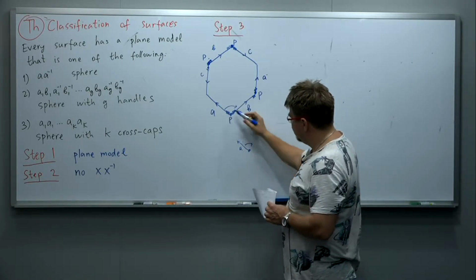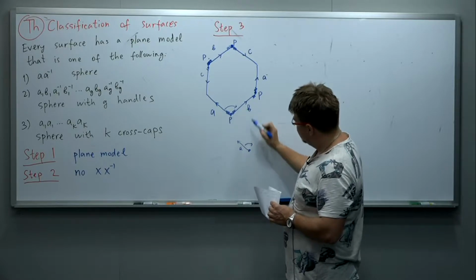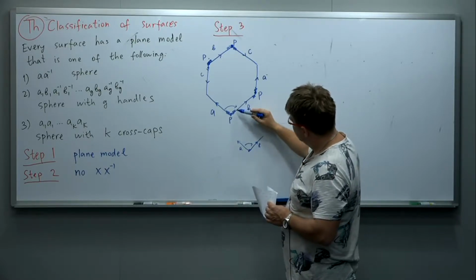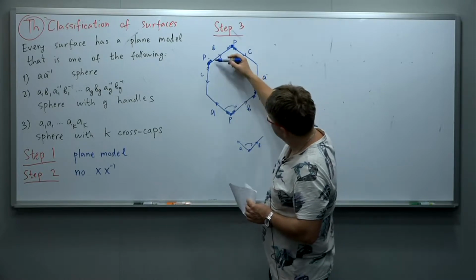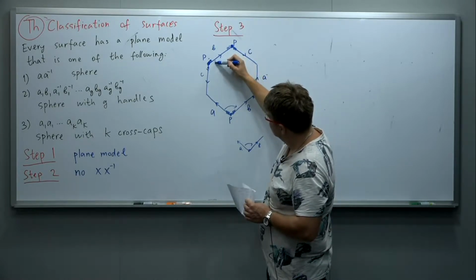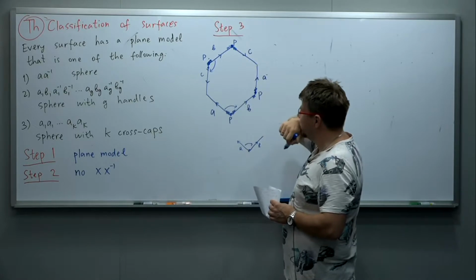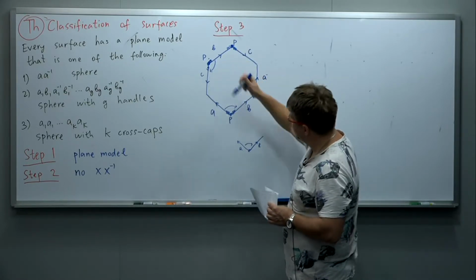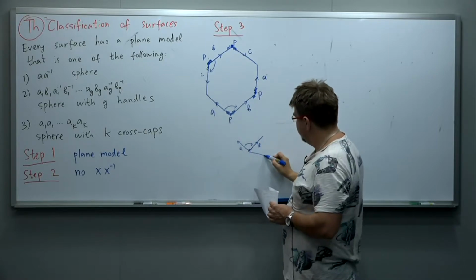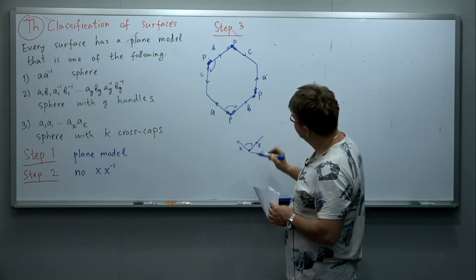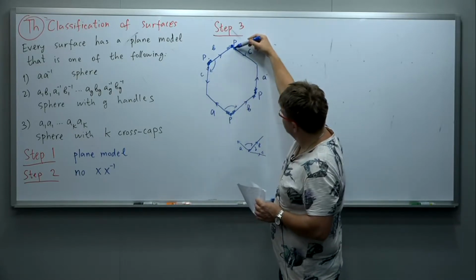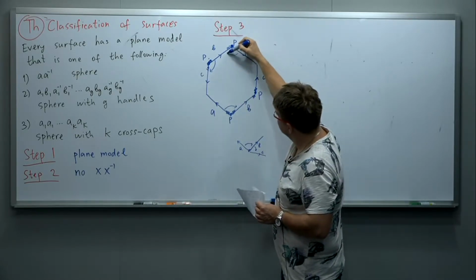Then we are going to move to the tail of B. Then we are going to jump to another copy of the tail of B, and we are still moving in the clockwise direction. Then the next thing that we are meeting is C. Then we are jumping to the other copy of C, and we are still moving.